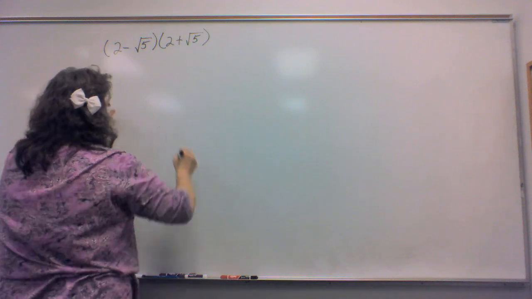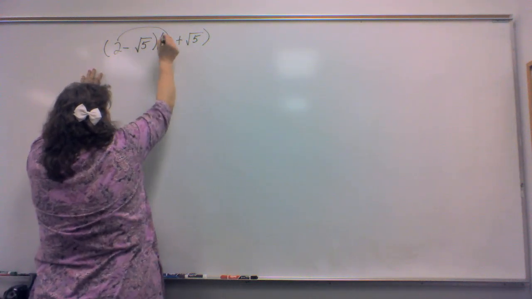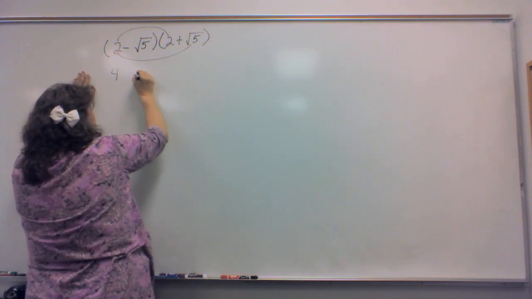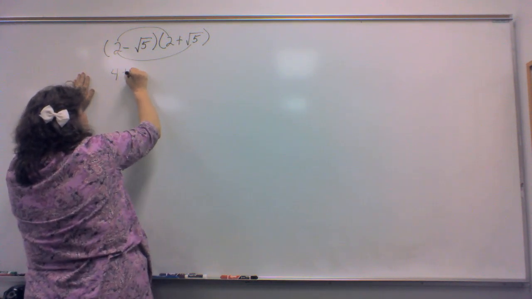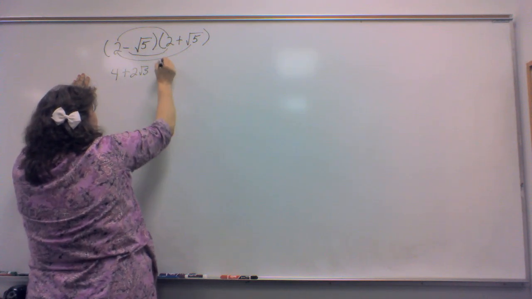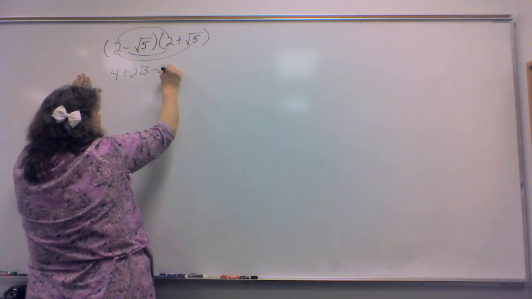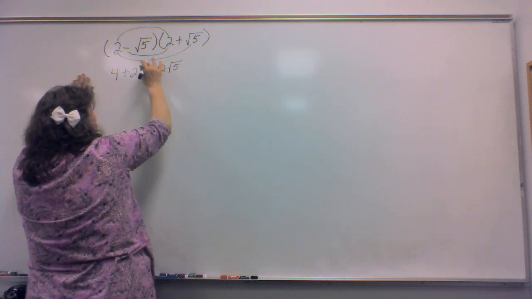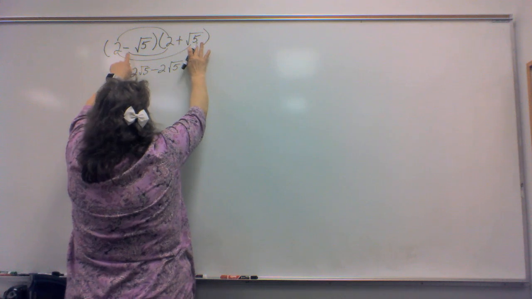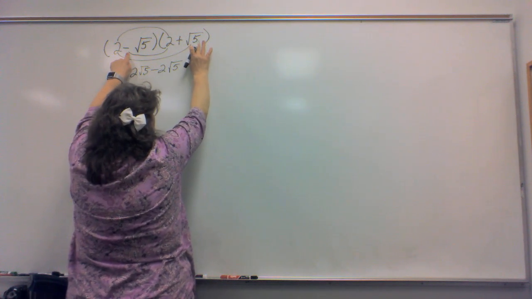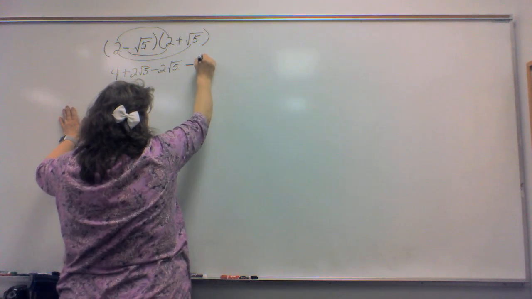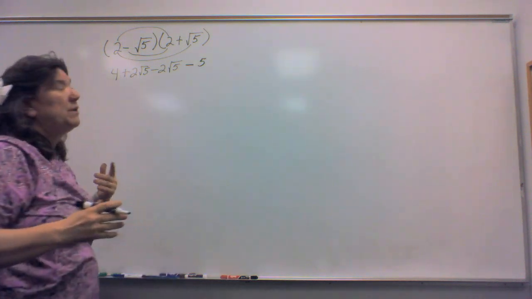What happens here? 2 times 2 is 4. 2 times positive square root of 5 is plus 2 square root of 5. Negative square root of 5 times 2 is minus 2 square root of 5. And then negative square root of 5 times positive square root of 5 is minus 5, because that would be 25.